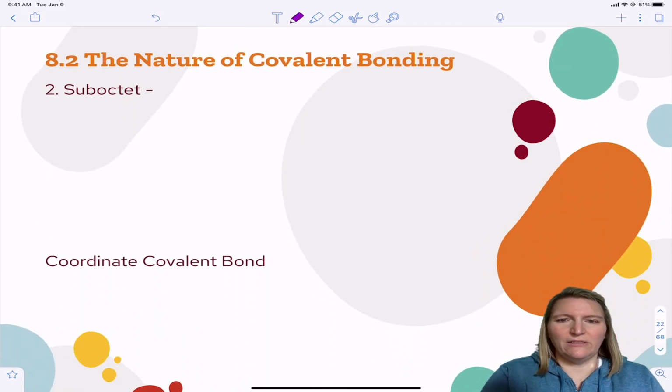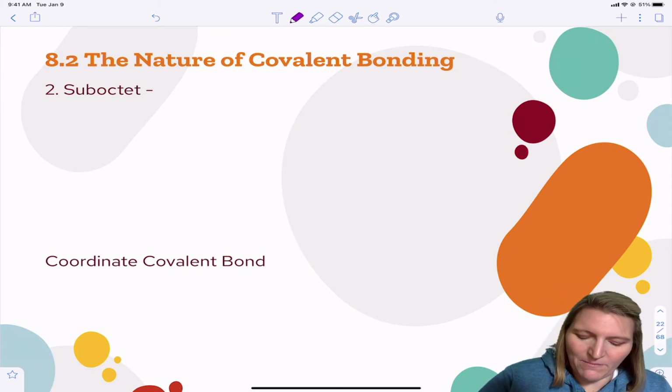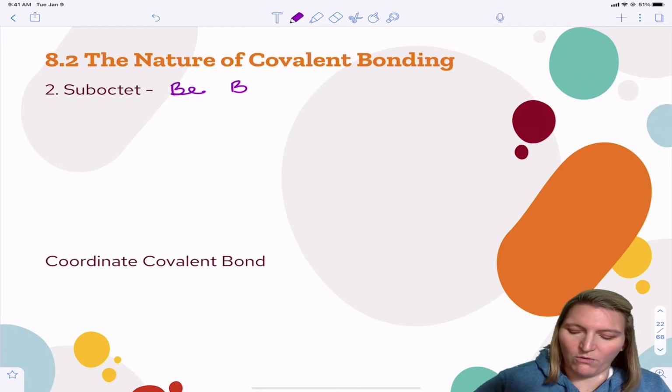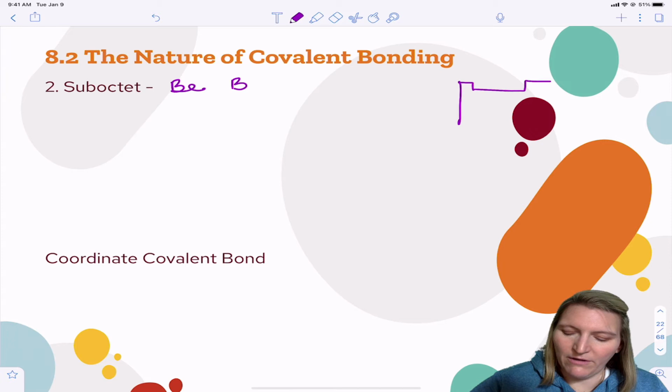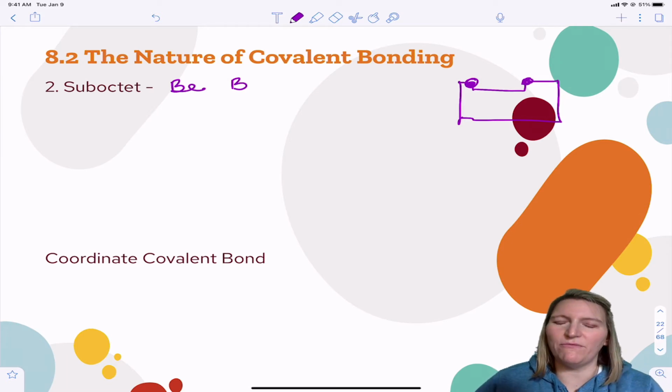The second one is sub-octet. It sounds like it's the same thing, but it's a little different. Sub still means under, but it happens with 2 very specific elements, beryllium and boron. If you look at a periodic table, beryllium is the element here, and boron is the element right there. They're both at the very top of their columns, which means they're very small.